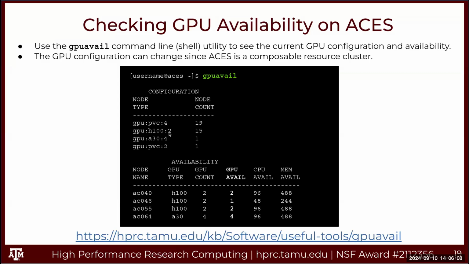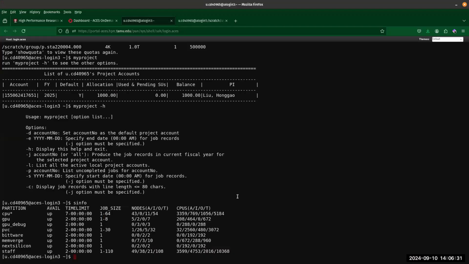You may see eight H100s on a node, or you may see 5 or 6 H100s on a node, or in this case, we have 15 nodes that have 2 H100s attached. So if it doesn't matter which of the NVIDIA GPUs you want to use, H100 or A30, you can run this command to see what's available.